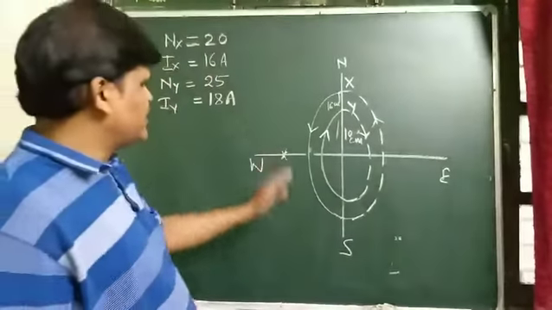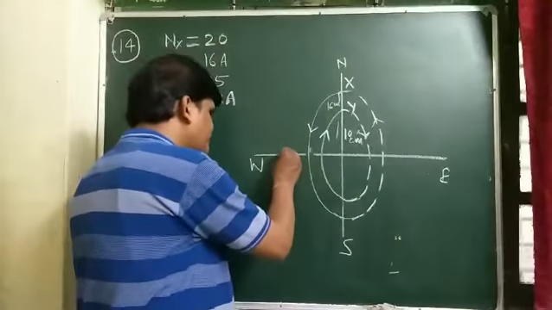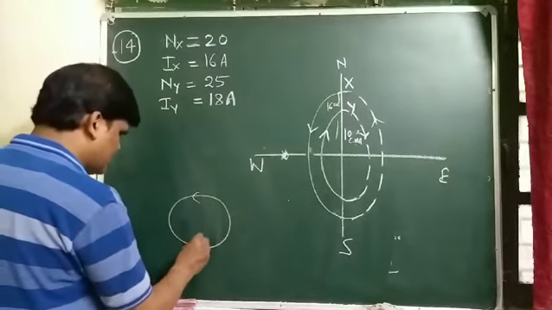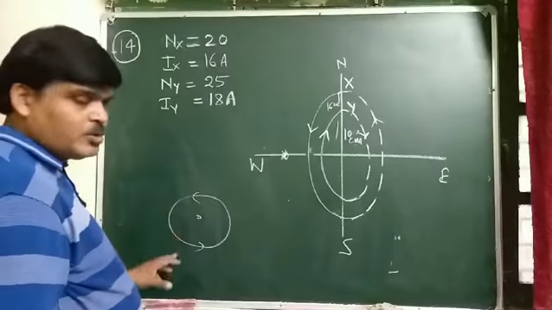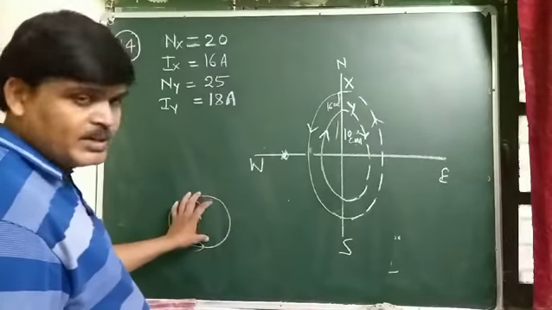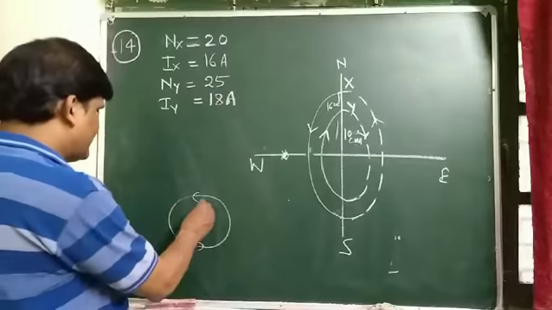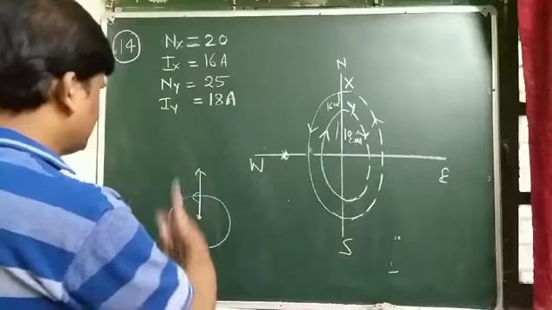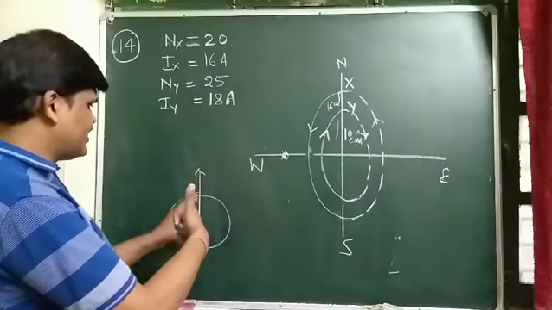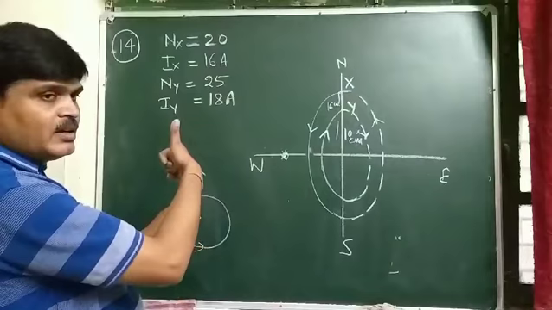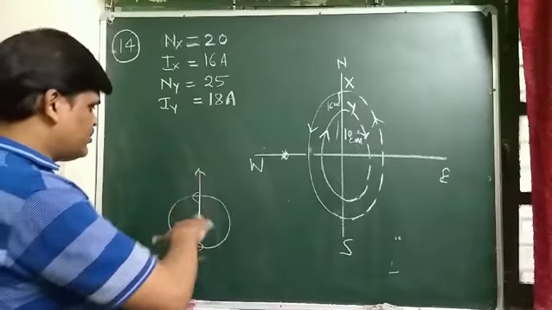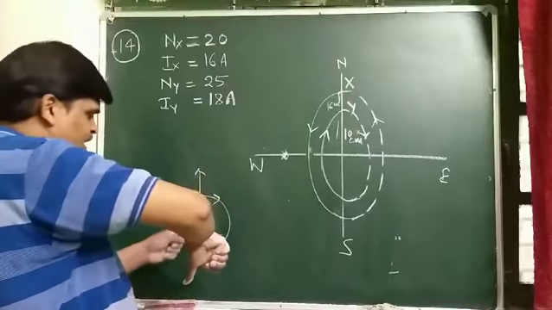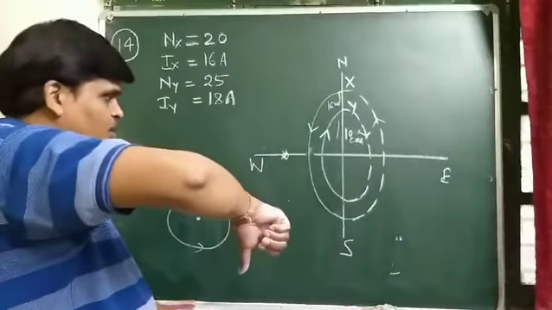So all particulars are given here, and students, you know that in case of a circular current loop, if the current is flowing in anti-clockwise direction, the direction of magnetic field at the center of the circular loop is upward. And if the current is flowing in clockwise direction, the direction of magnetic field at the center is downward.